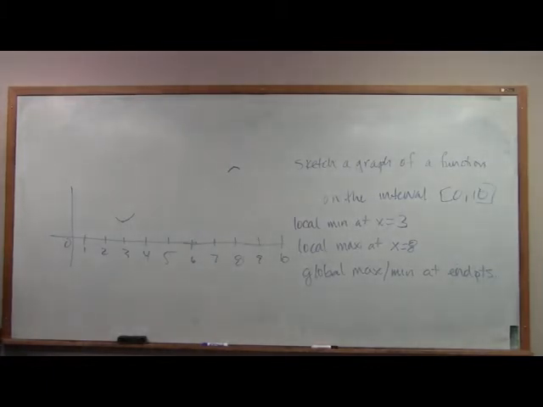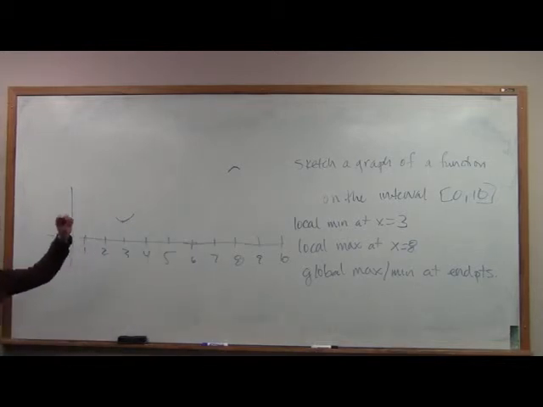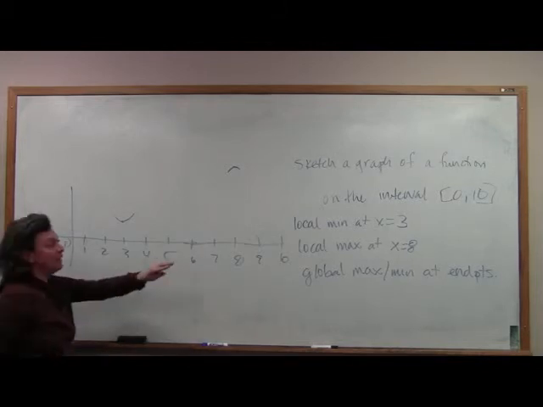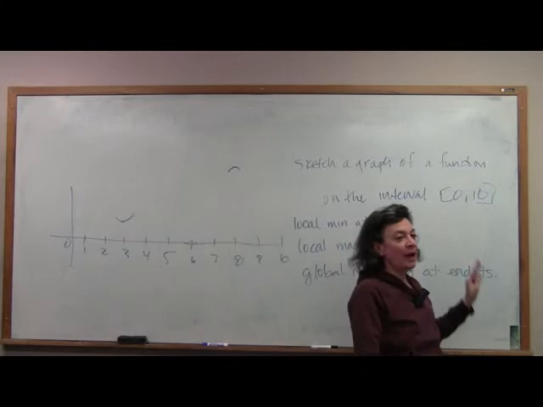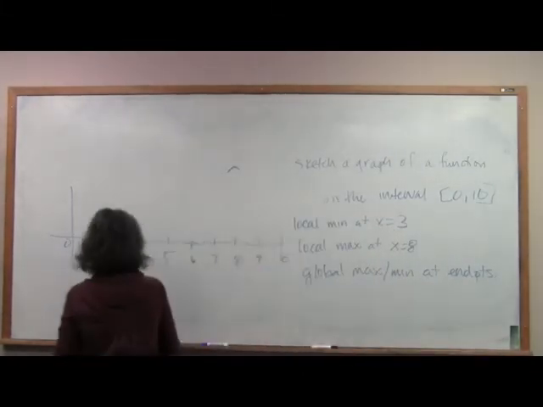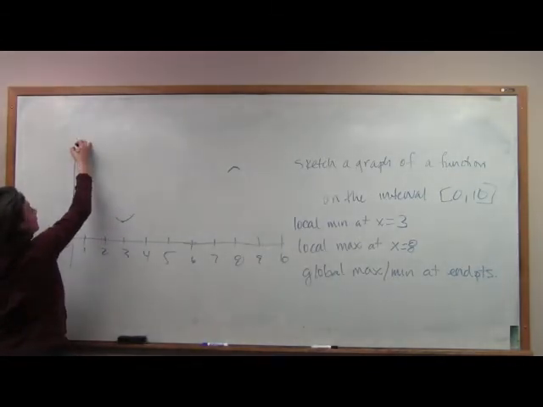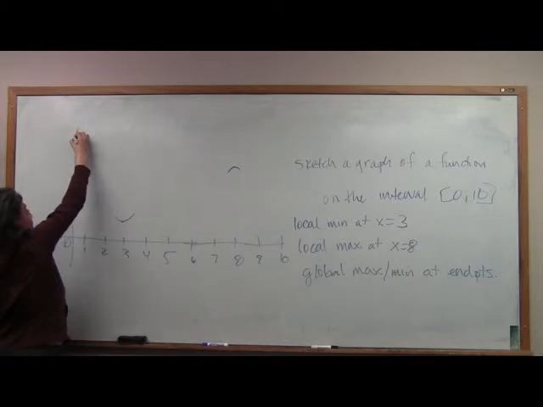Now the other thing that I know is that my global max and global min occur at my endpoints. Now notice it wasn't specified that my endpoint of 0 had to be one or the other, so you could actually draw it either way. Just by the way my graph is looking, I'm going to put my global max way up here.